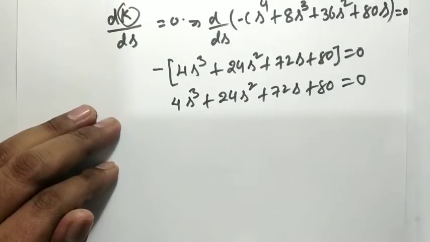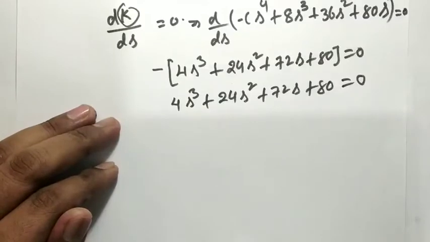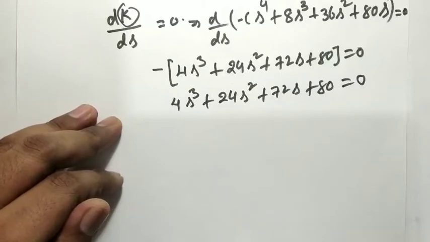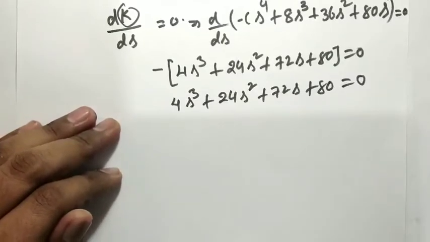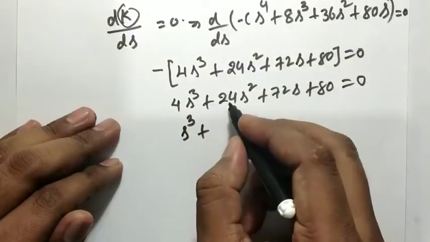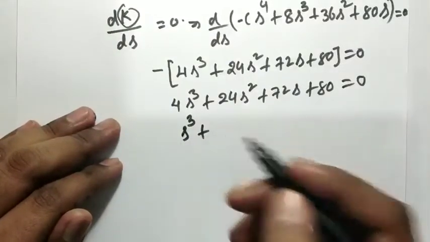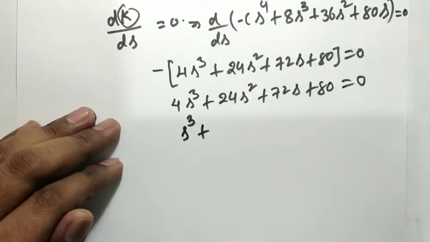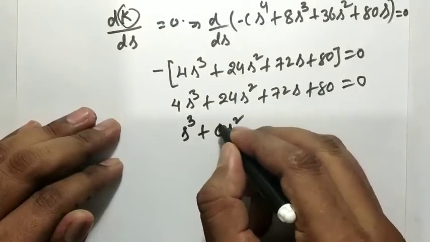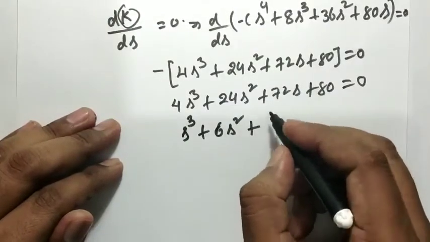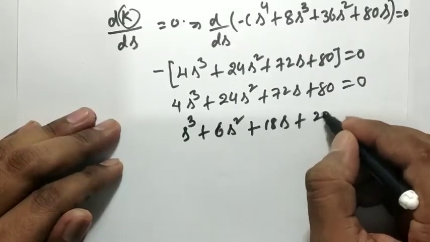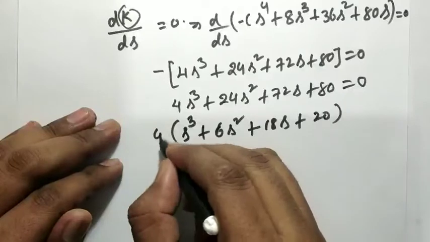Now if you take a common 4 here, what do you get? 4 into s cube plus 6 s square plus 18s plus 20, taking the 4 common.